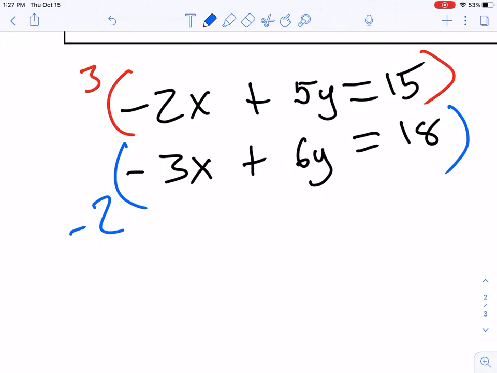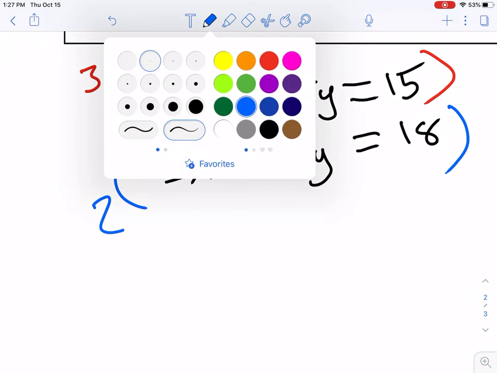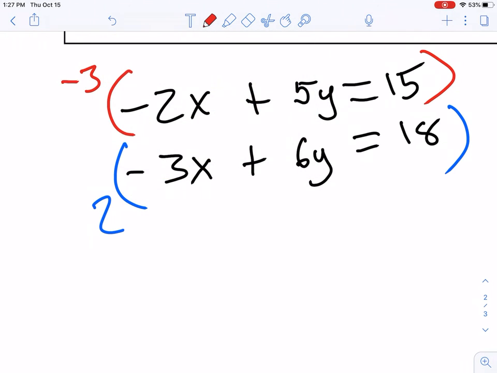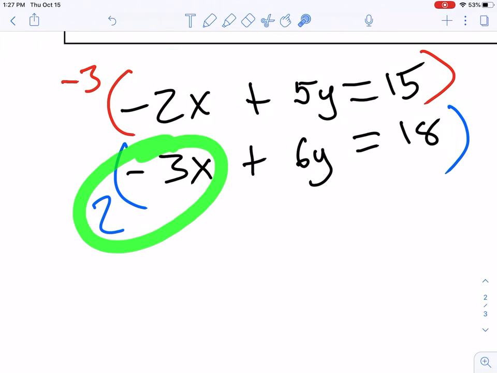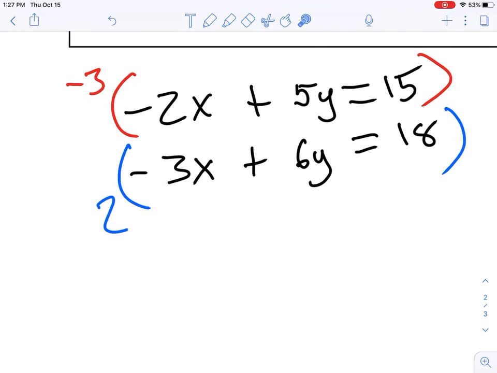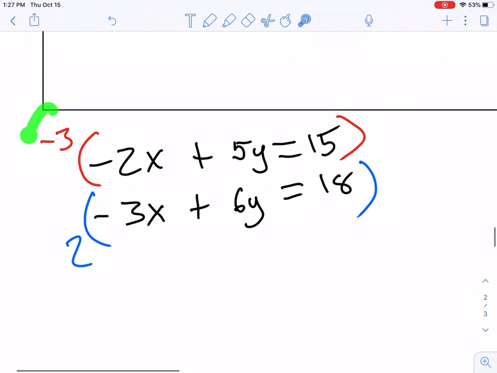So I could either multiply a negative 2 to the bottom, so that I get a positive 6, negative 6. I could also, instead, multiply a negative 3 to the top to give me a positive 6 here and a negative 6 here, so they cancel out. So sometimes you do have to be aware of whether you need to include a sign, like a negative, to get your signs to be opposites as well. Okay?